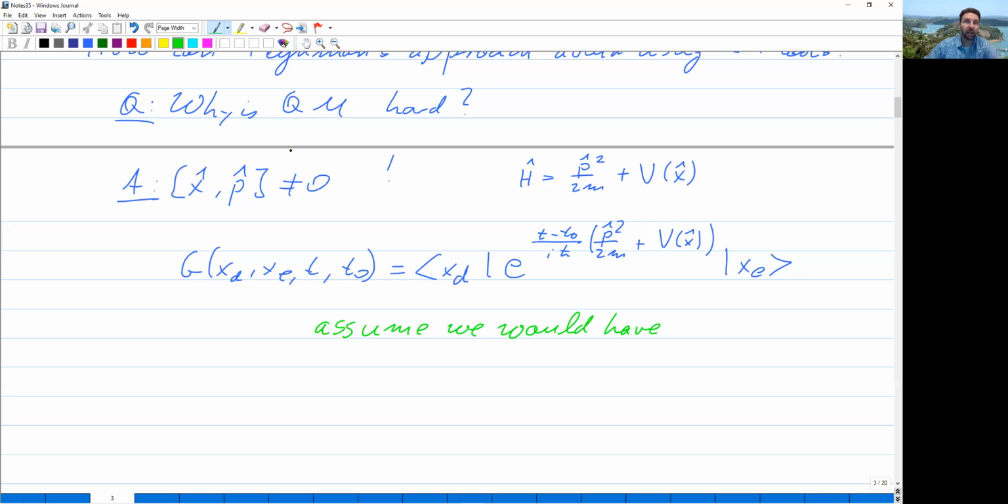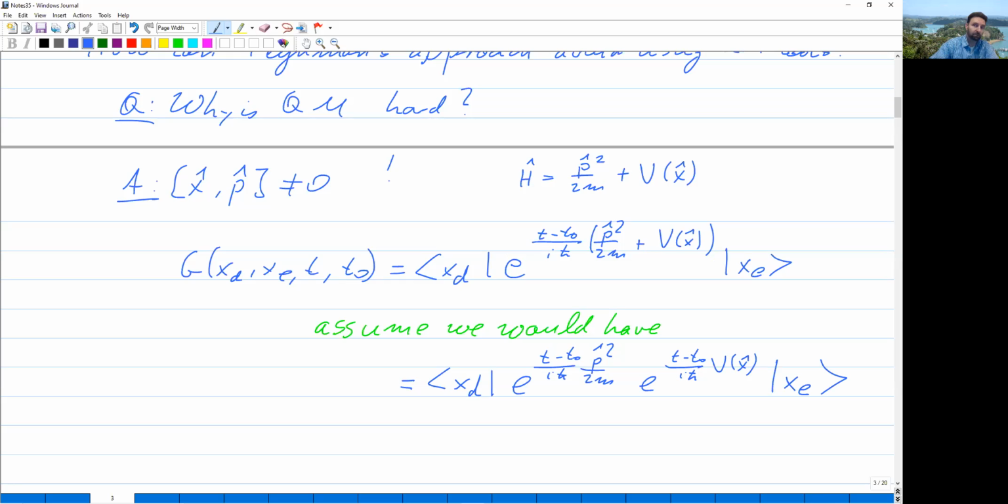So assume we would have the following: that this is equal to xd, and then we could take these two terms here, the kinetic term and the potential term, separately. Assume we could do this. How would it look? Well, then we would have here e to the power of (t minus t naught) over i h bar, p hat squared over 2m, and then e to the power of (t minus t naught) over i h bar, V of x hat, and then xe.